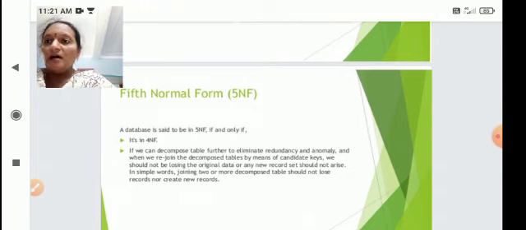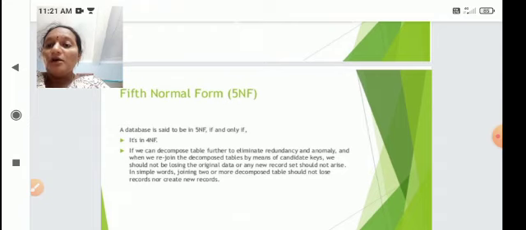If we can decompose the table further to eliminate redundancy and anomaly, then when we rejoin the decomposed tables by means of candidate keys, we should not lose the original data, and no new record set should arise. In simple words, joining two or more decomposed tables should not lose records nor create new records.